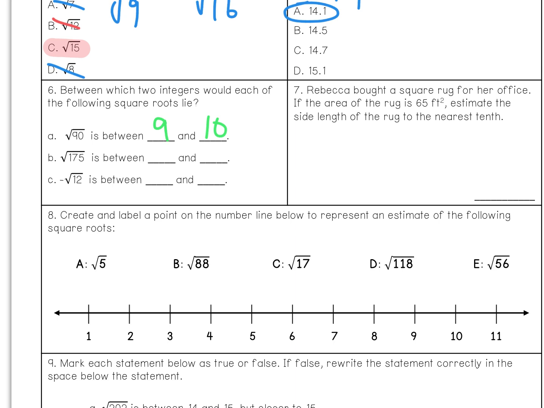Between 9 and 10 for A. Number 7 is similar to what we did yesterday, except it has an additional step.